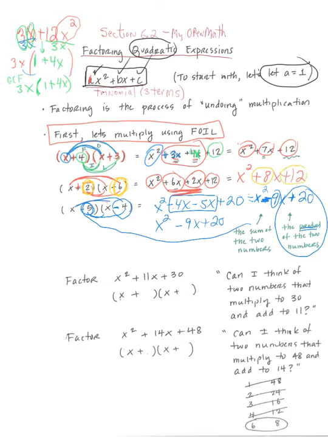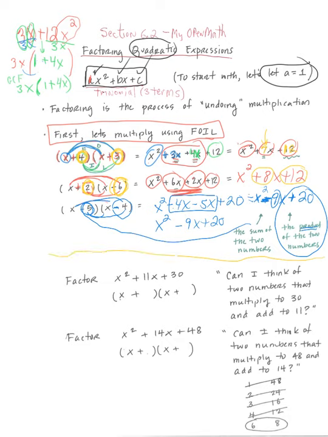Okay? So if we see a pattern here that this middle number happens to be, again, one last time on that first problem, 4 and 3 added together making 7 and multiplied together giving us 12, we see that if I gave those problems to you backwards, we should be able to figure out what the factors were.